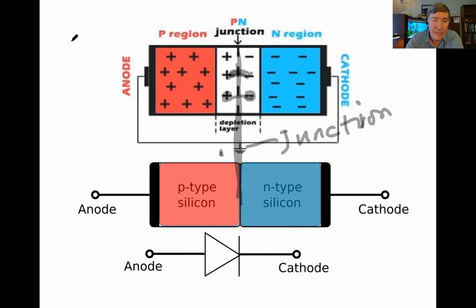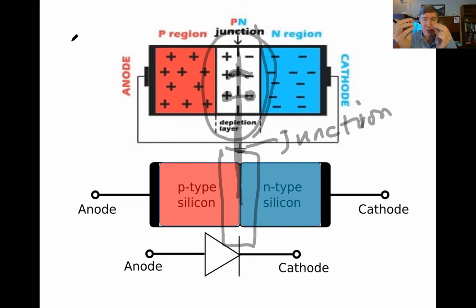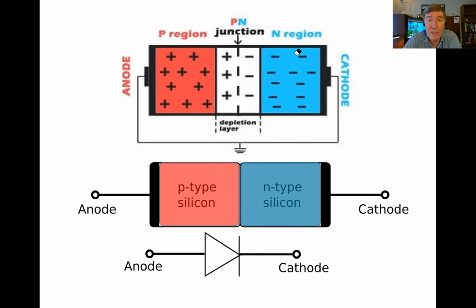In this region right here, the extra plus charges get canceled out by the minus charges, so this region now is basically pure silicon, because all of those extra plus charges and extra minus charges canceled each other out. So we have a little region right at the junction. It's a thin region, but it's thick enough to do the job. It is essentially pure silicon. Even though there were contaminants, the contaminants canceled each other out.